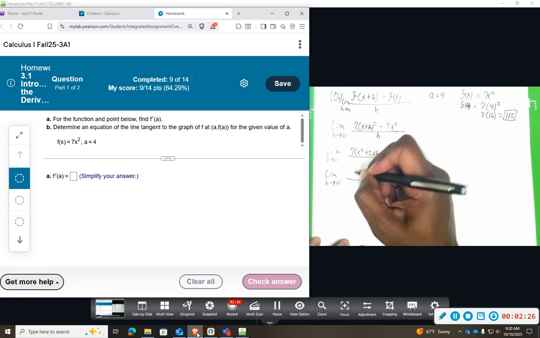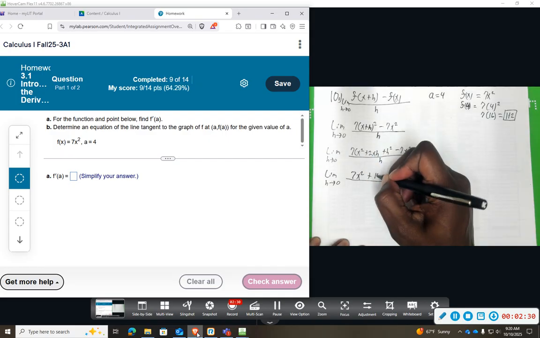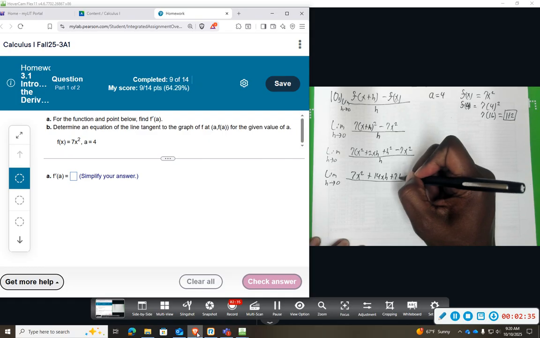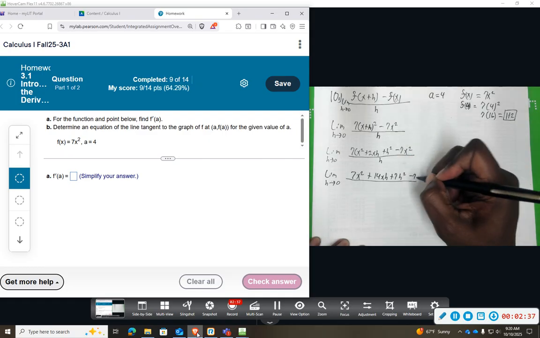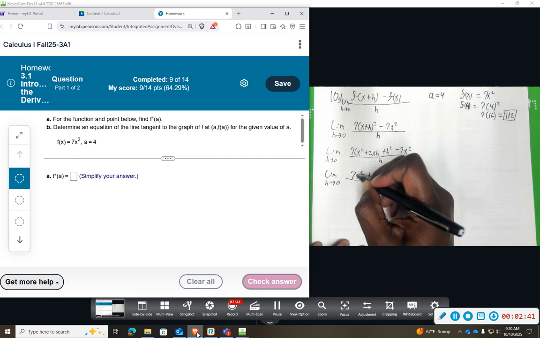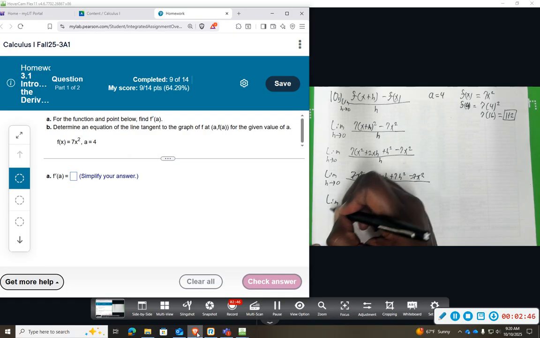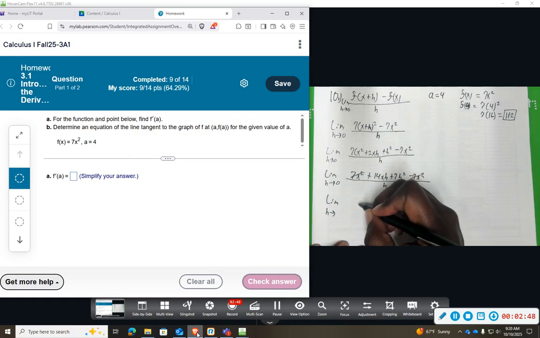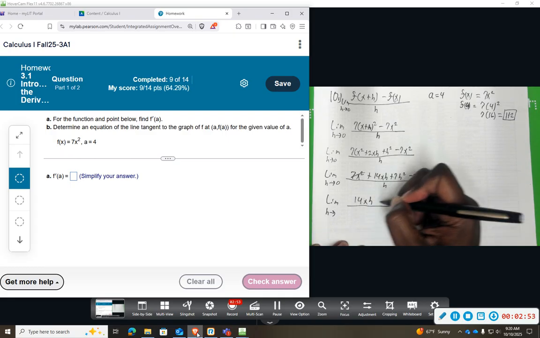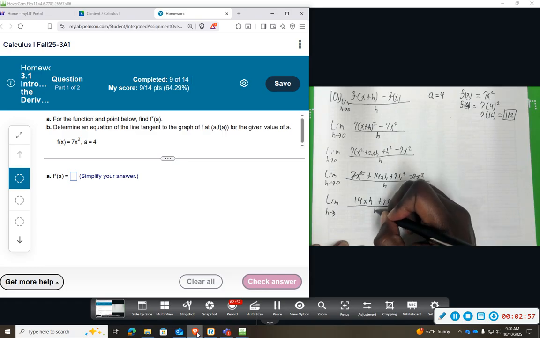And then we'll distribute the 7, so we'll have 7x squared plus 14xh, and then plus 7h squared minus 7x squared. Positive 7x squared and negative 7x squared will cancel, leaving us with 14x times h plus 7h squared all over h.